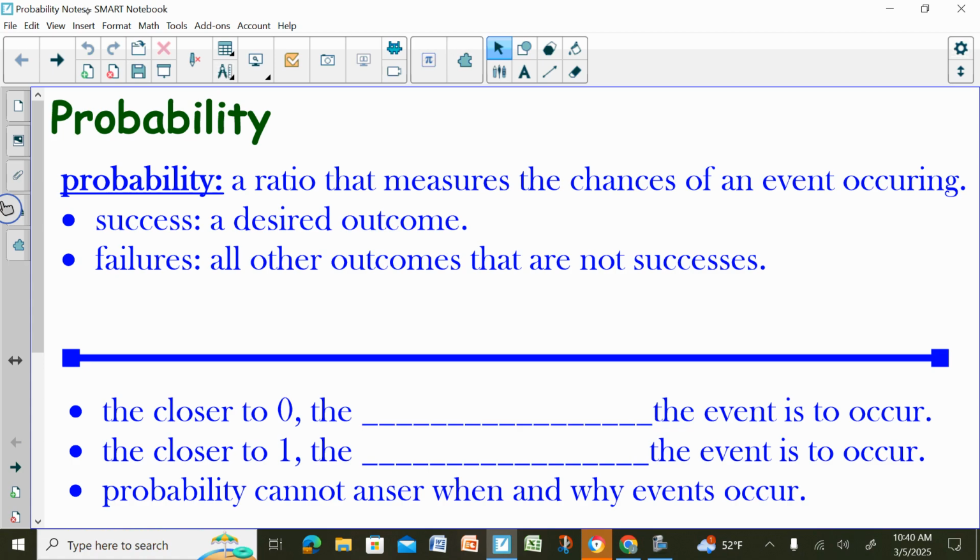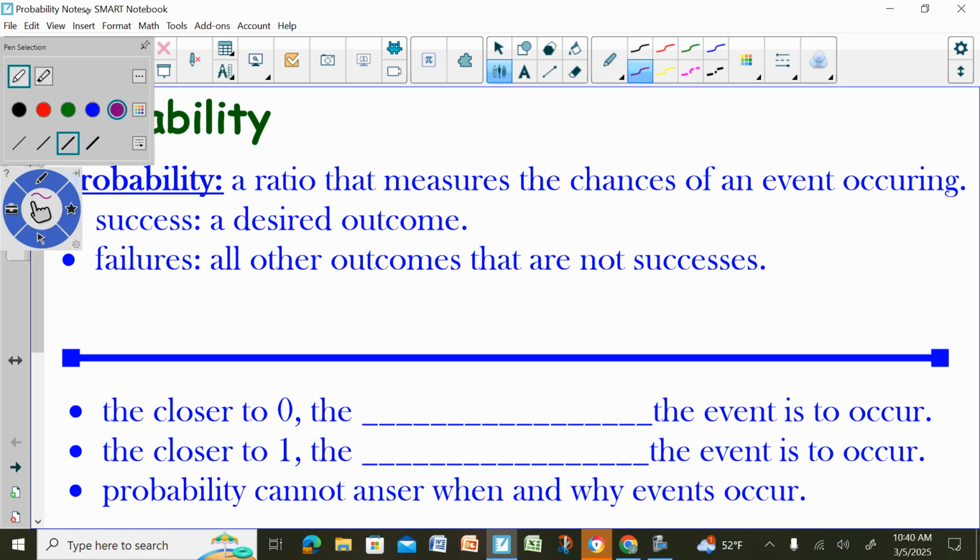So it's on a scale from 0, so we have this little number line here, from 0, let me just get my pen going here. This represents 0 all the way down to 1 over here. So on the scale from 0 to 1, halfway would be 0.5.